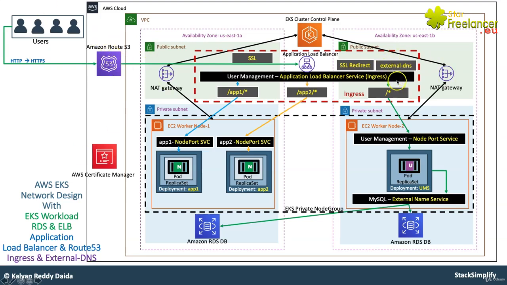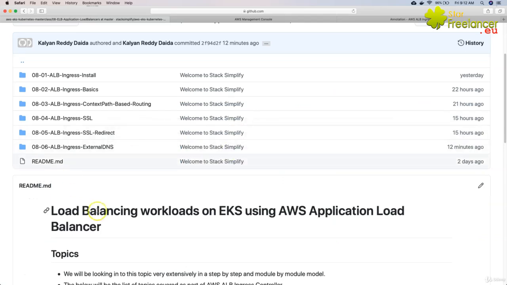This is in addition to deploying the external DNS deployment in our existing EKS cluster, which will allow us to update the Route 53 entries. So let's go back to our GitHub repo and see what we are going to do.